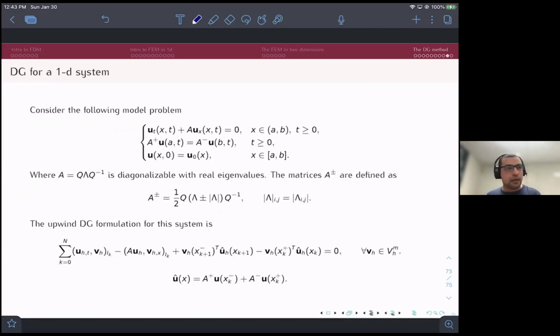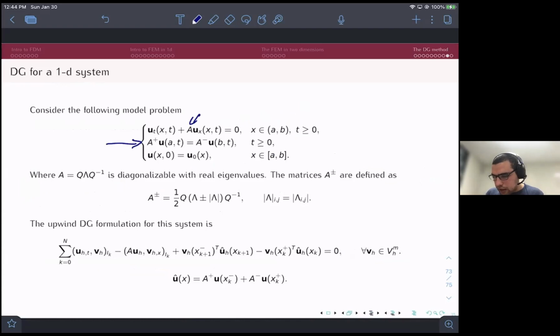Now we could do the same thing with systems. Suppose u_t plus A u_x equals 0, with some boundary conditions, which you can think of as periodic boundary conditions but with inflow. Matrix A is assumed to be diagonalizable with real eigenvalues. A plus and A minus are defined in the following way.